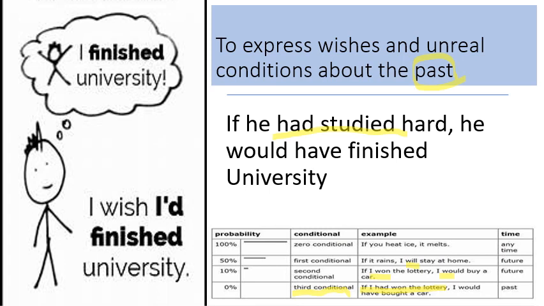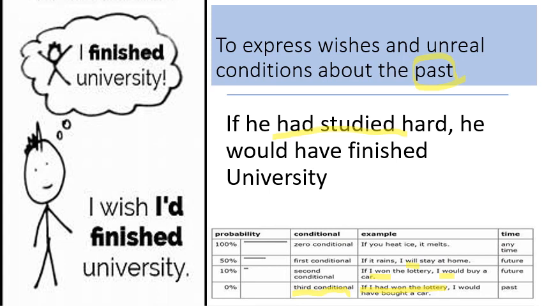When the probability is 50%, and this is the first condition, if it rains, I will stay at home. And this refers to the future. The first one is the simple present tense, and the other one is with will, referring to the future. The other one, when we have a slight probability of the happening of the event, which we call the second condition.